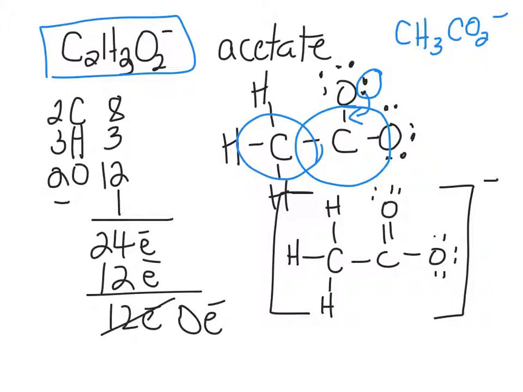What this is telling you is that the first carbon has all the hydrogens bonded to it, and the second carbon has all the oxygens bonded to it. So this kind of gives you a hint about where the atoms are actually attached.